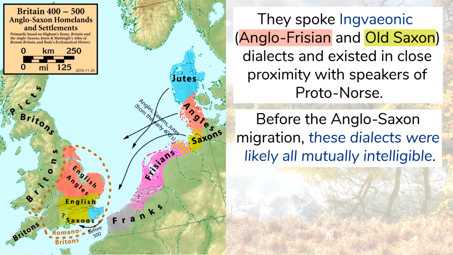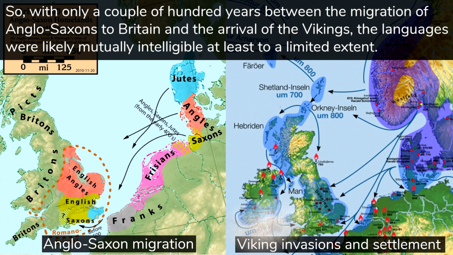Before the Anglo-Saxon migration, these dialects were likely all mutually intelligible. So, with only a couple of hundred years between the Anglo-Saxon migration and the Viking invasions, their languages were likely still mutually intelligible, at least to a limited extent. At the very least, there were many similar cognate words.